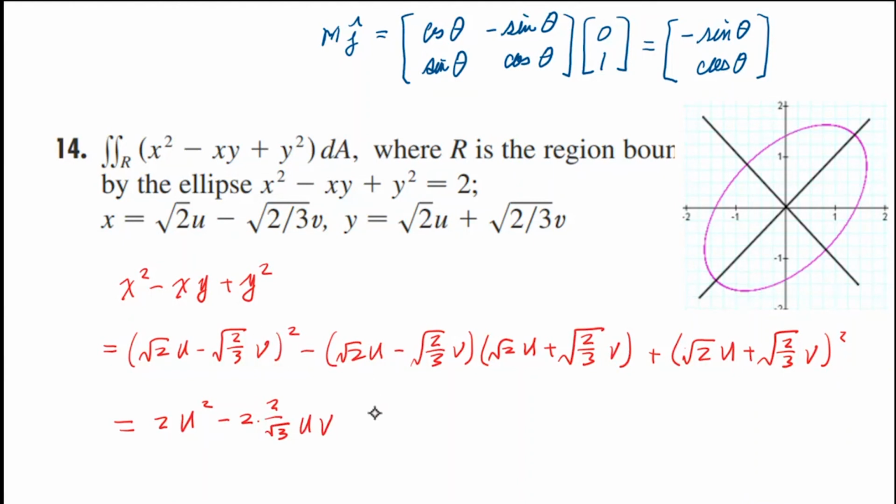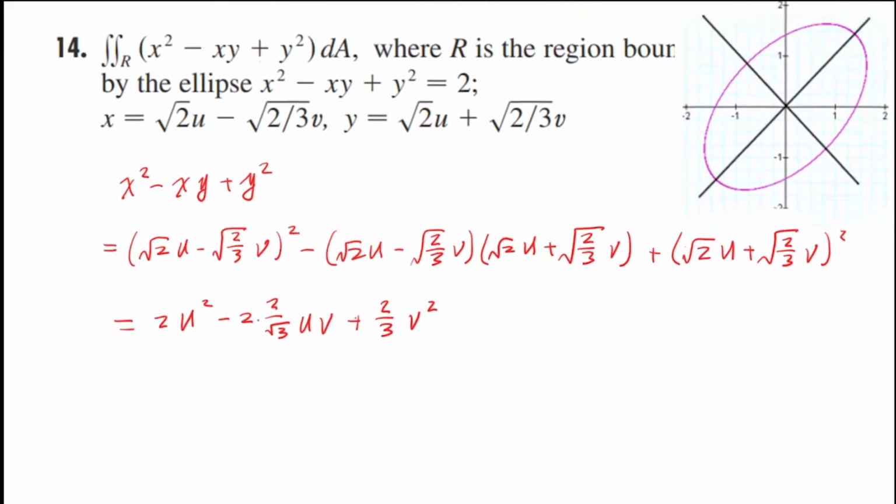And then this thing plus 2/3 v squared. Still with me? For sanity's sake, I'm going to line up the like terms, otherwise this will get crazy. So this one is a difference of squares with a minus sign. Oh, thank God. So we have negative 2u squared and plus 2/3 v squared. So far so good?